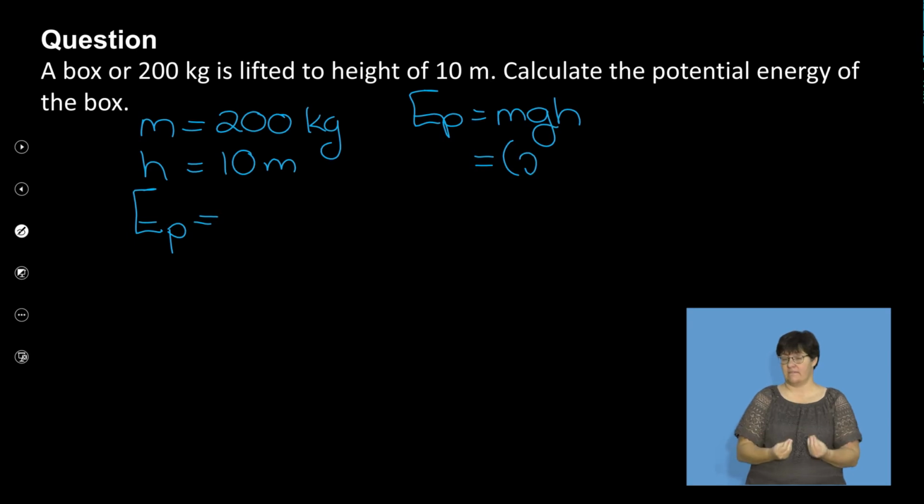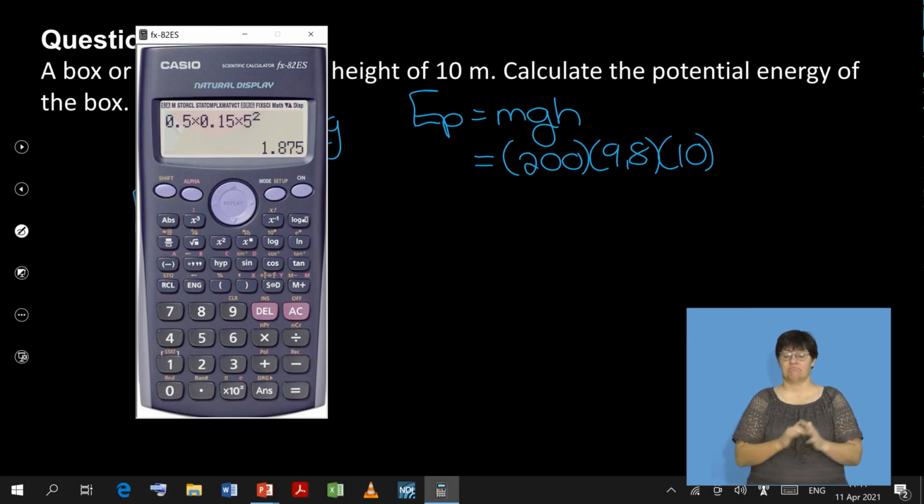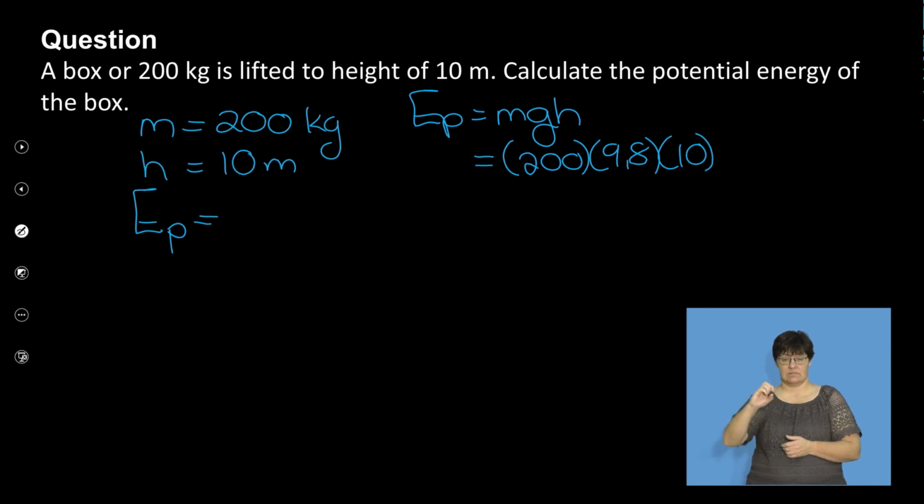So we have 200 times 9.8 times 10. So we take 200 times 9.8 times 10, 19,600.